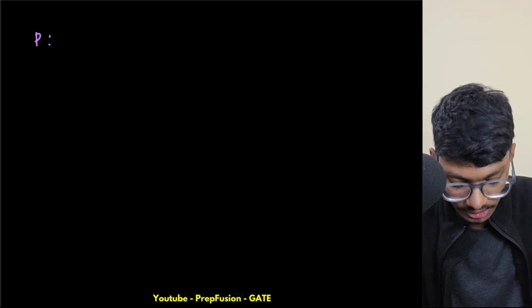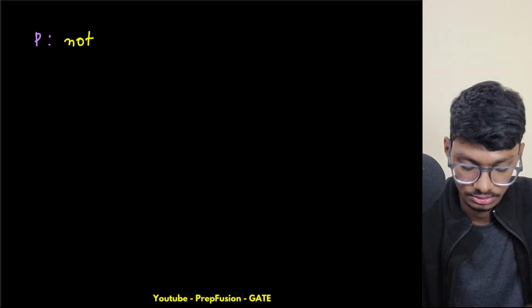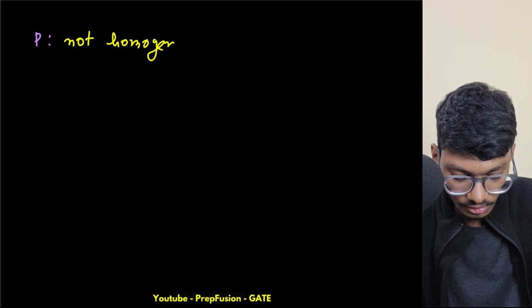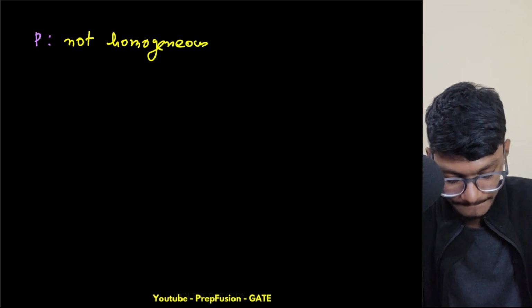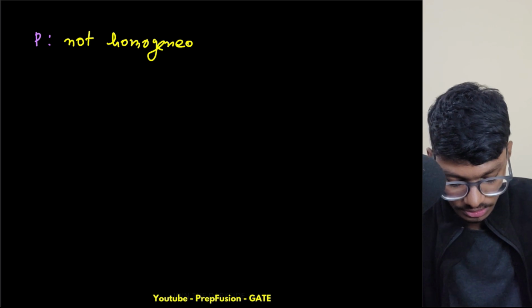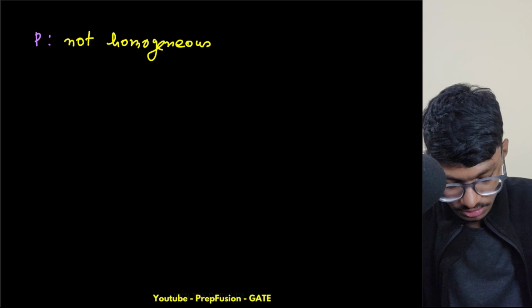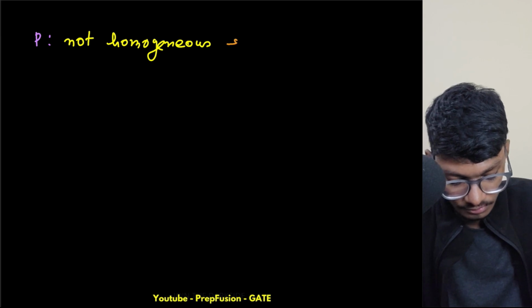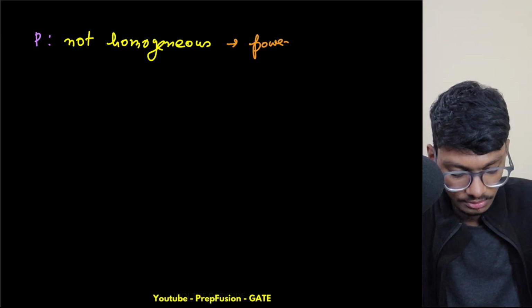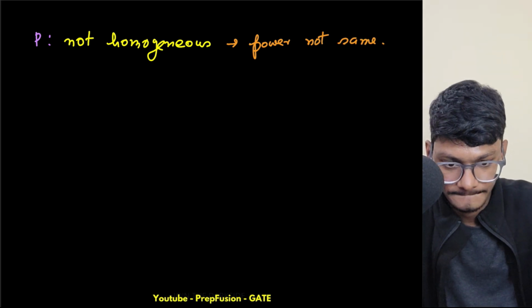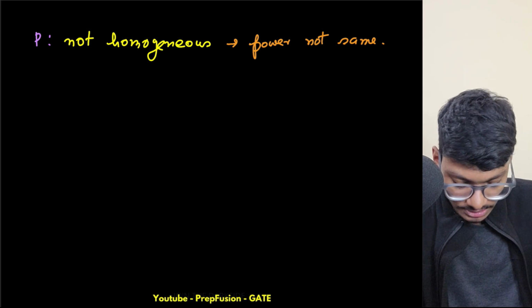If that single x was power 4, then it would have been homogeneous. Power not same. Okay, so this is for the P statement.